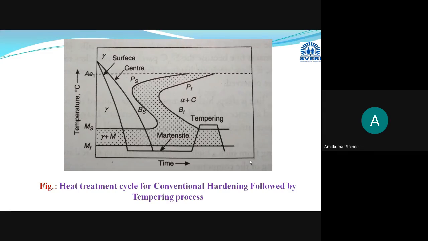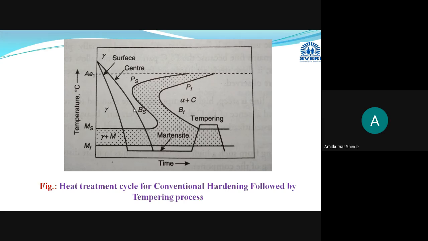After this, time quenching hardening will be there, then ausforming, martempering. These are some types of hardening that depend just on the cooling curve, which will be different. Heating cycle and holding time will be the same. We are just changing the cooling process, and depending on the change in the cooling process only, we get these different types of hardening.